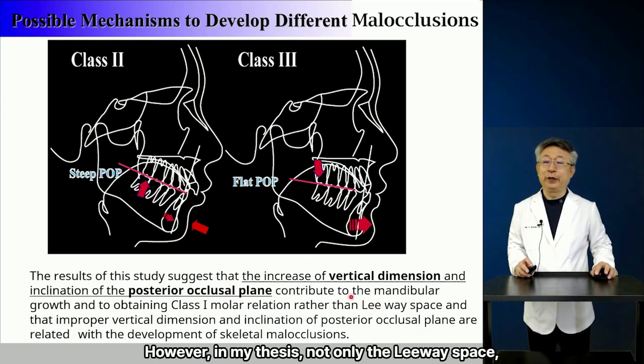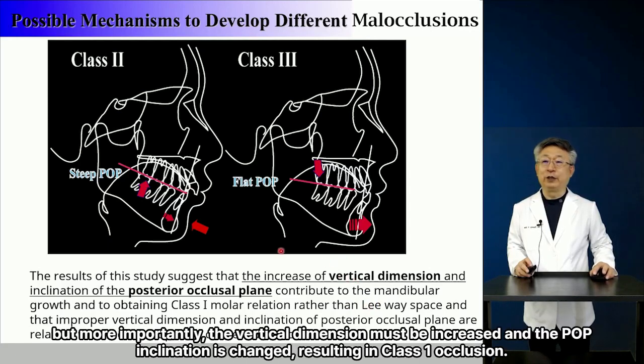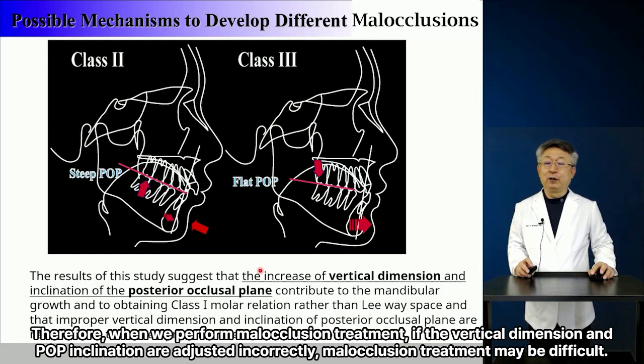However, in my thesis, not only the leeway space but, more importantly, the vertical dimension increases and the POP inclination is changed, resulting in Class 1 occlusion. Therefore, when we perform malocclusion treatment, if the vertical dimension and POP inclination are adjusted incorrectly, malocclusion treatment may be difficult.